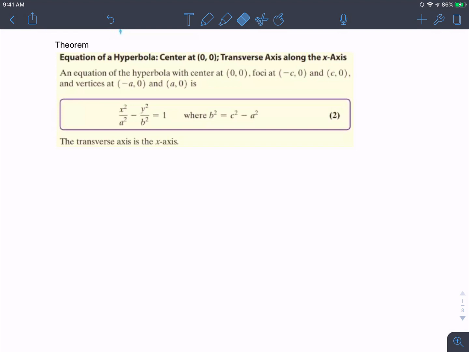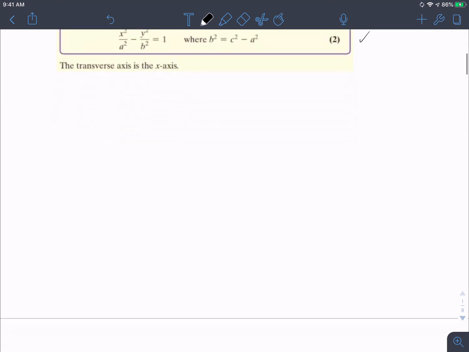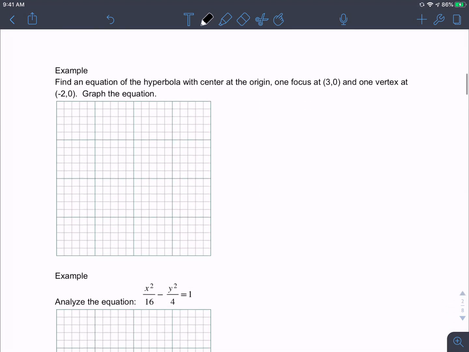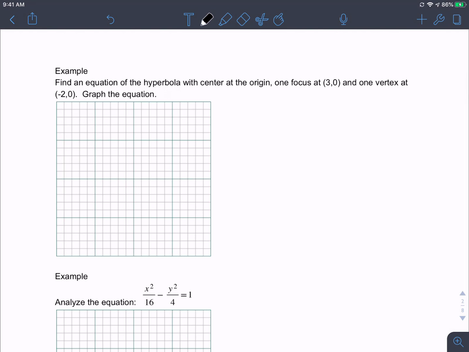And then here are two equations that we're going to be using throughout when we have a transverse axis going through the x-axis. So let me go ahead and show you an example so you guys can understand these problems. In this problem we can see that our C is 3 because it correlates to the focus, and our A is 2 because it correlates with the vertex.